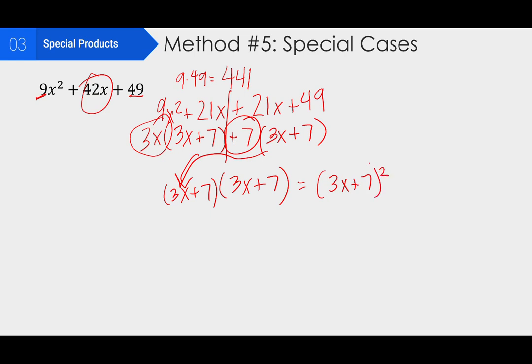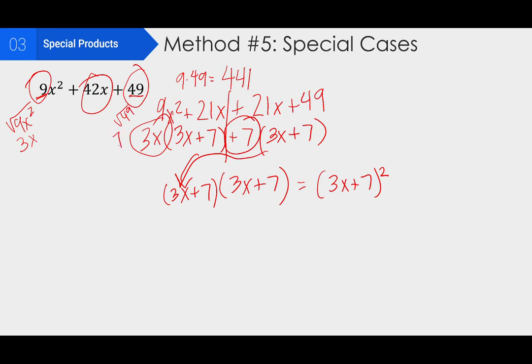These perfect square trinomials always factor to be a binomial being squared, right? The same thing twice. And here's how you can recognize if it is a perfect square trinomial or not. Look at the first term and the last term. If we take the square root of those terms, square root of 9x squared is 3x, and the square root of 49 is 7.